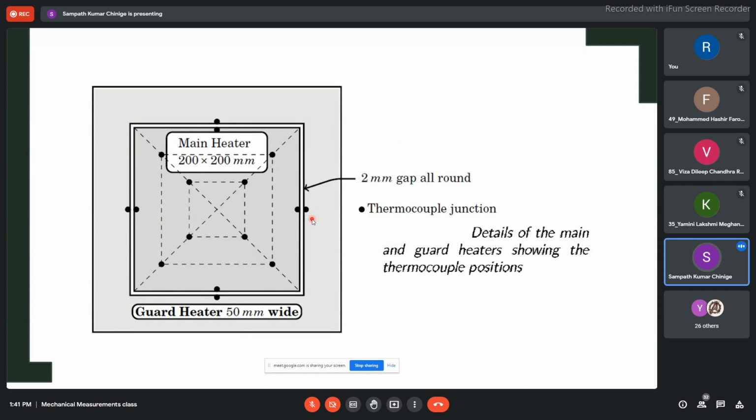That means perpendicular to the monitor direction, right? So it will be from this side to that side, or from that side to this side, into the monitor or out of the monitor. That may be the heat transfer. That's good. But the question is, why do the guarded heater and the main heater have a small gap of 2 mm?